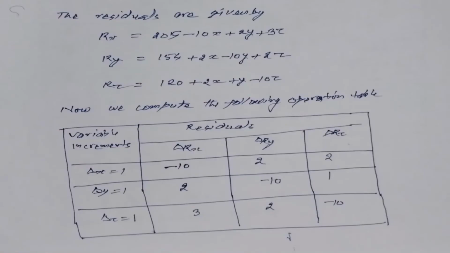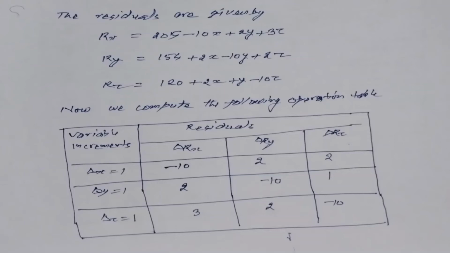The residuals are given by Rx equal to 205 minus 10x plus 2y plus 3z, Ry equal to 154 plus 2x minus 10y plus 2z, and Rz equal to 120 plus 2x plus y minus 10z.